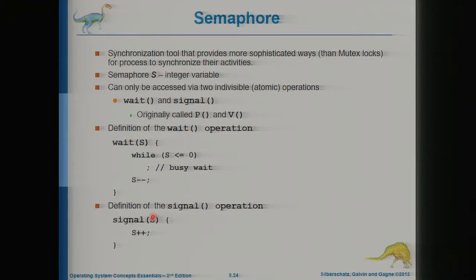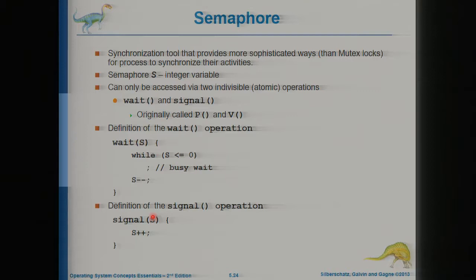These two operations were previously called P and V. P indicates probe, and these are the Dutch names for wait and signal.